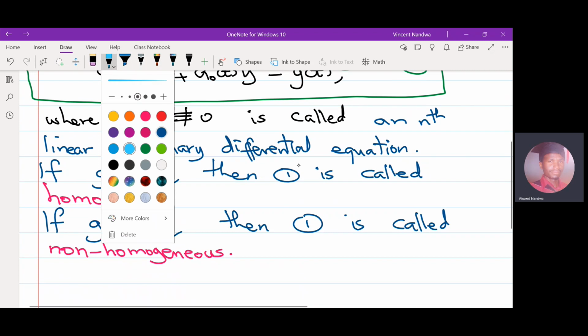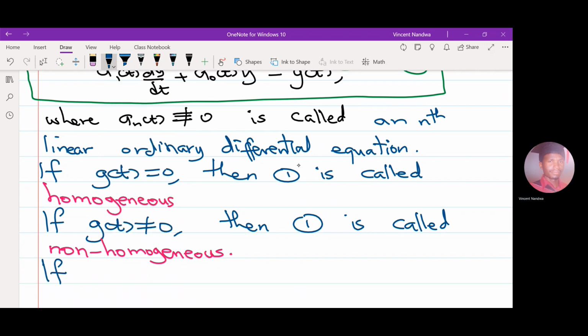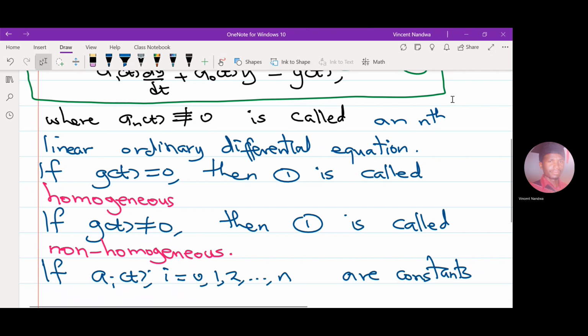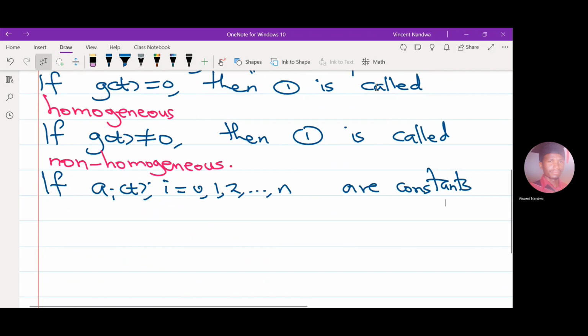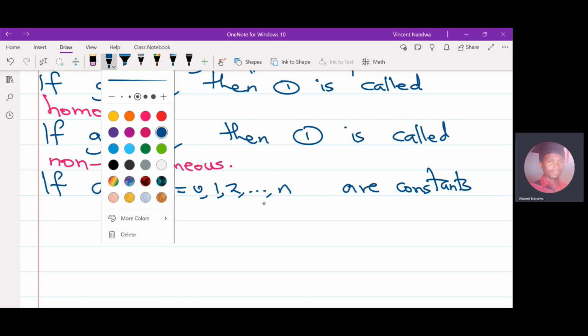Another thing that we can also say about 1 is that if ai of t for i equals 0, 1, 2, up to n are constants, so if all the coefficients ai of t, from 0 to n, are all constants, then equation 1 is said to have constant coefficients.